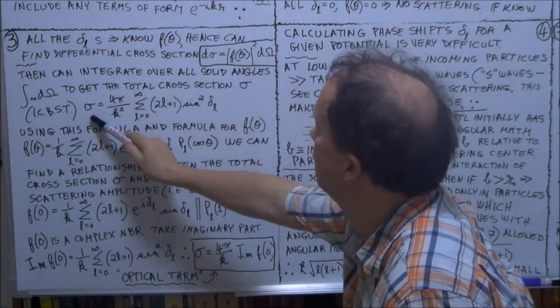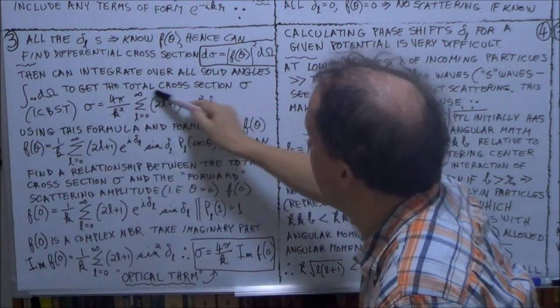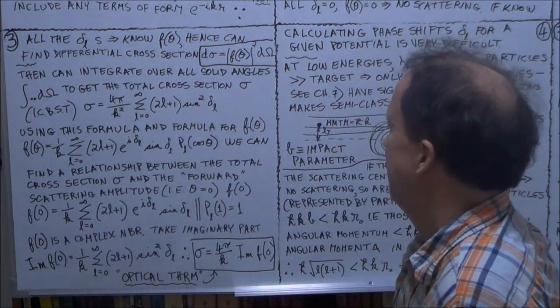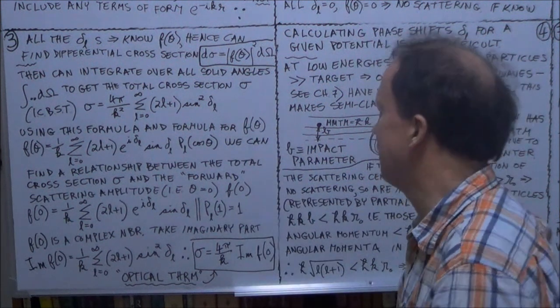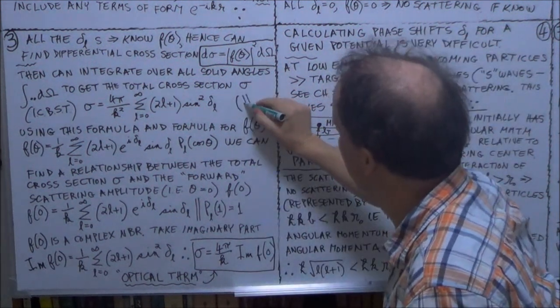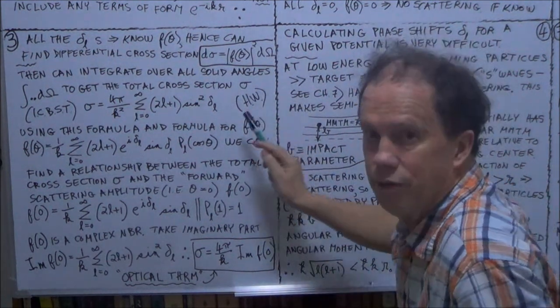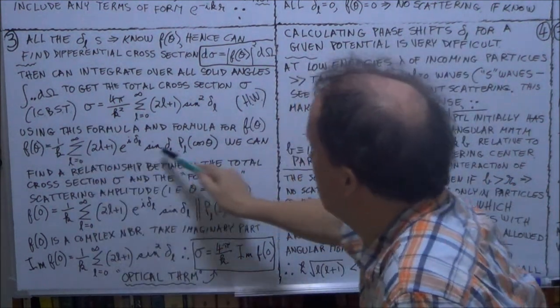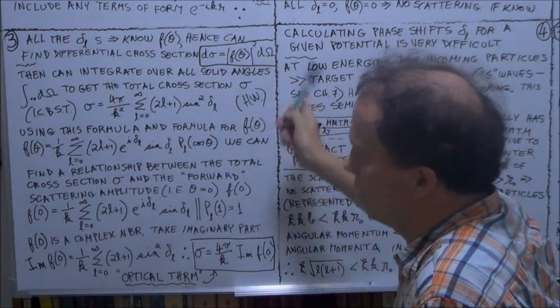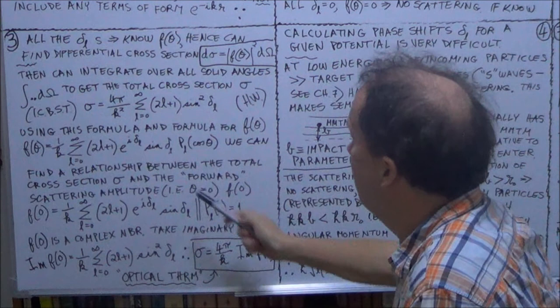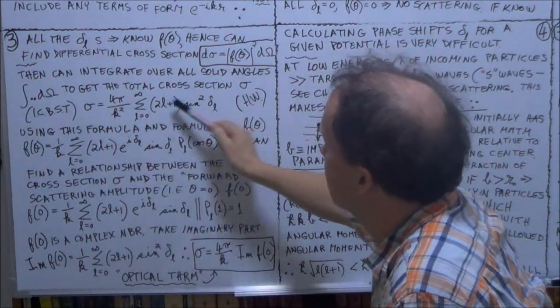That's your total cross section here. I'll ask you to do that. That's not too hard. That's just a bit of calculus. So try that for homework. Square this, integrate over the possible solid angle, and you'll get this result here.